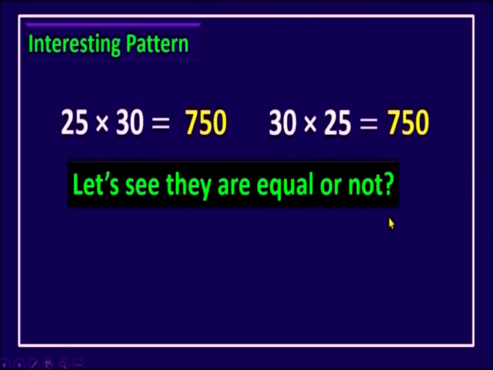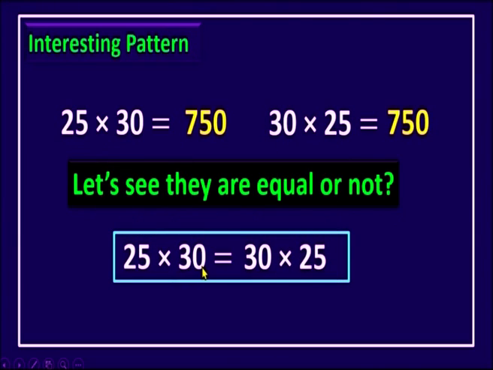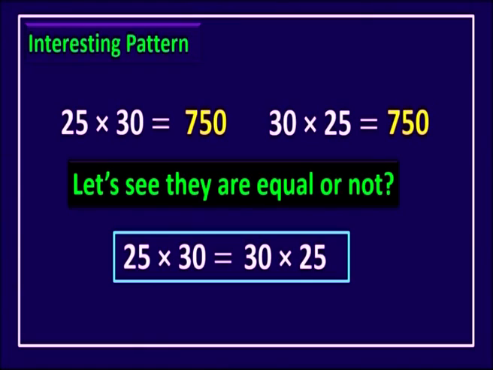Again, what did you notice, children? Yes, again both are equal, that is 25 into 30 is equal to 30 into 25. Now what did you understand from this, children? That means if you multiply two numbers in any order, that is like 25 into 30 or 30 into 25, will give you the same answer.